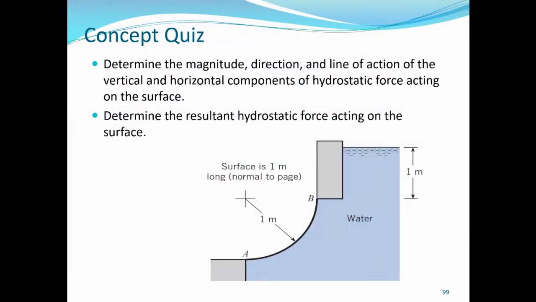Now let's start. The height from the water table is 1 to B. As usual, we need to find the horizontal and vertical components of the force, and then evaluate the resultant force.